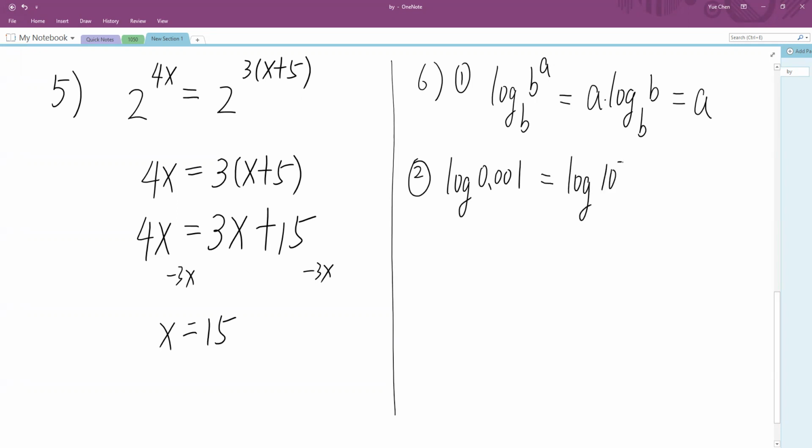Equals 10 to the negative 3. This is the idea, right? So then we can bring down the power negative 3 in front, times log 10. Log 10 equals what? 1, right? Because log 10 means log base 10 of 10. So this one is equal to negative 3.